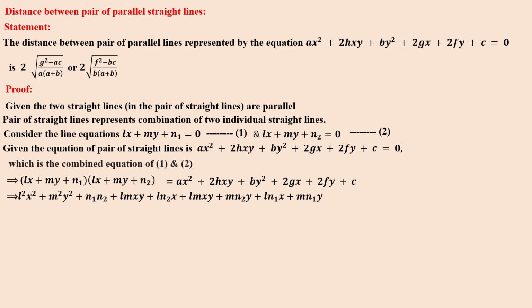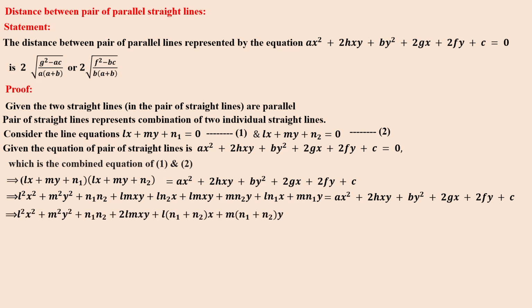So we multiply each and every term in the left hand side: L²x² + m²y² + n1n2 + Lmxy + Ln2x + Lmxy + mn2y + Ln1x + mn1y, which is equal to ax² + 2hxy + by² + 2gx + 2fy + c.